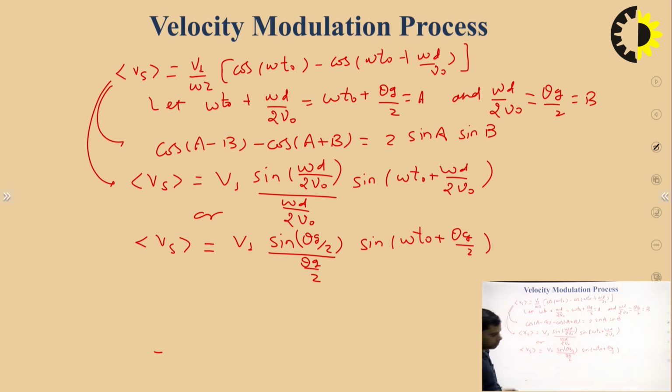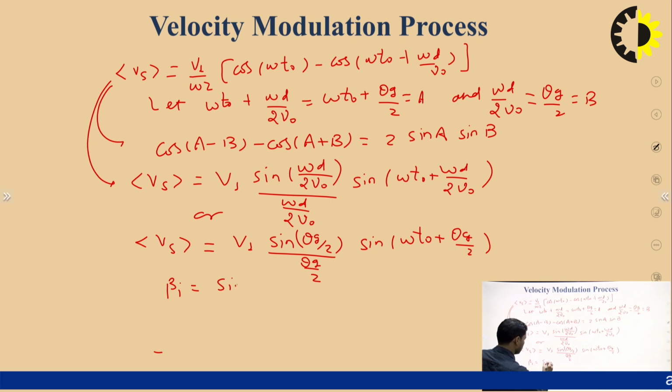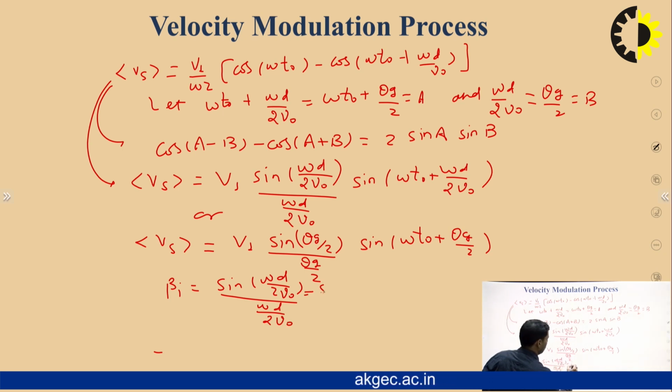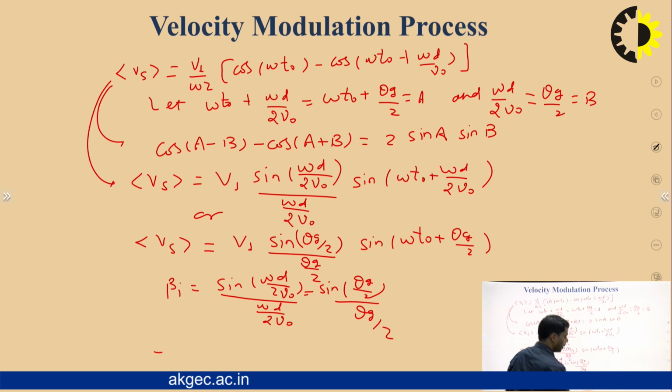Here we will define beta I. Let us say beta I is equal to sin(omega d by 2 V naught) by (omega d by 2 V naught), or sin(theta g by 2) divided by (theta g by 2).